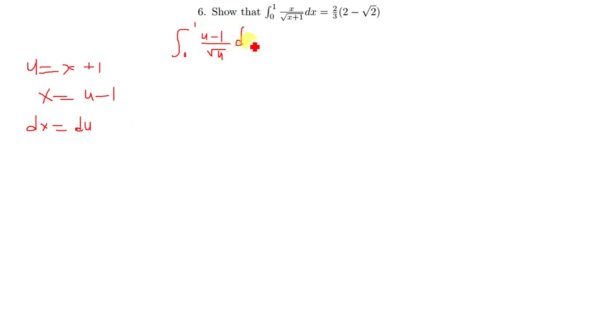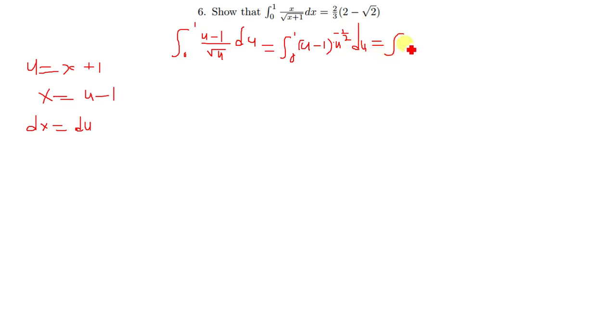So this is what we're going to integrate now. In other ways we can write it as u minus 1 in brackets, multiplied by u to the power negative half, du.